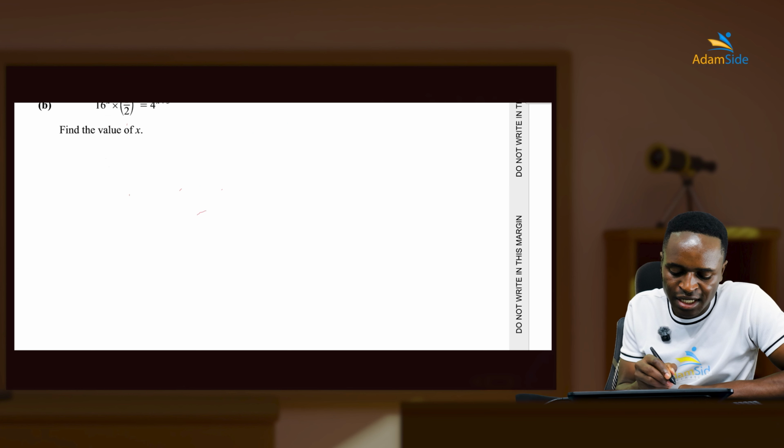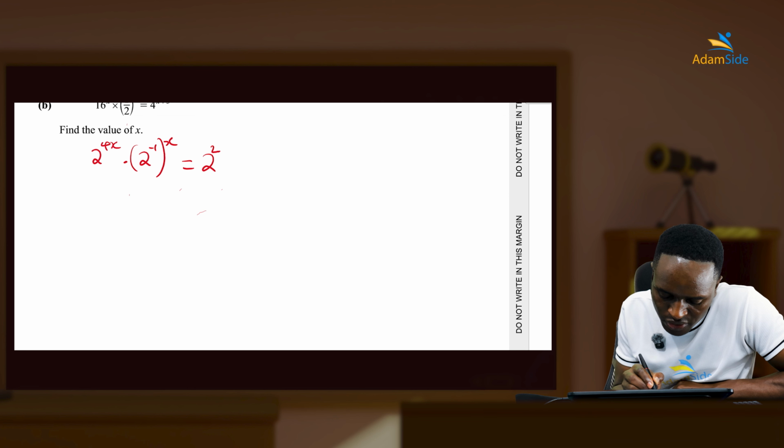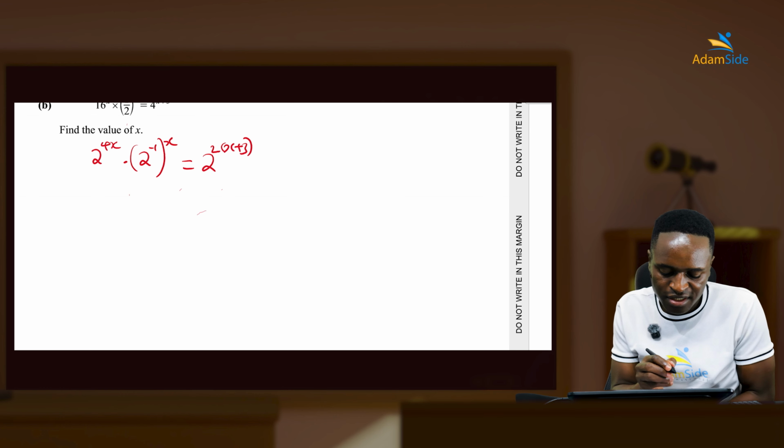That's good. 16 power a half x is equal to 4 power x plus 3. Make sure they are all in the same base. I'm choosing base 2. So 2 power 4x times 2 power negative x, and then out of the bracket power x is equal to 2 power 2 into bracket x plus 3. Now solving my left hand side first.